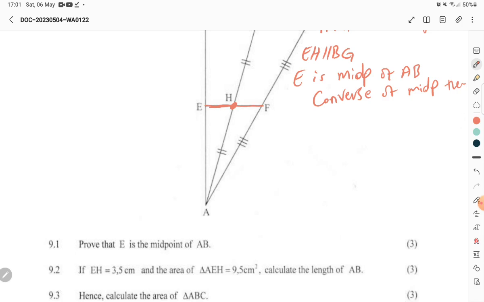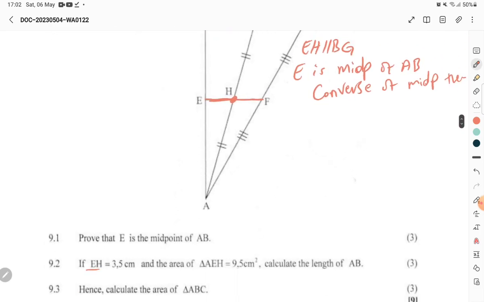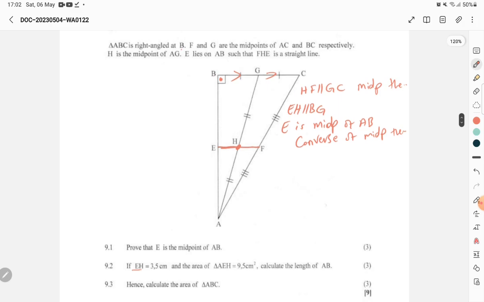So if EH is 3,5 centimeters, so this is 3,5 centimeters, and the area of this triangle AEH is 9,5 centimeters squared.